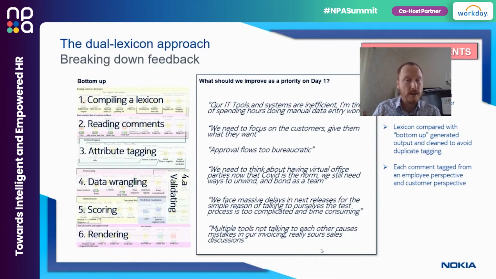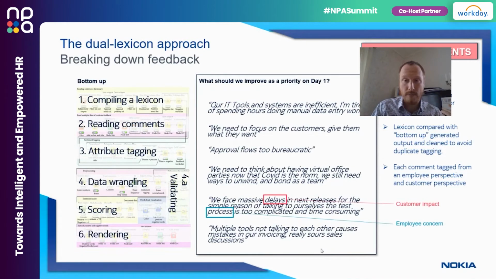So what we decided to do was, making some small tweaks and adjustments to an existing lexicon, we assessed the comments using a second lexicon approach. So the customer lexicon. That basically produced what we called a double tag effect. But what it meant is that each comment was tagged from the employees' perspectives and also with customer perspectives.